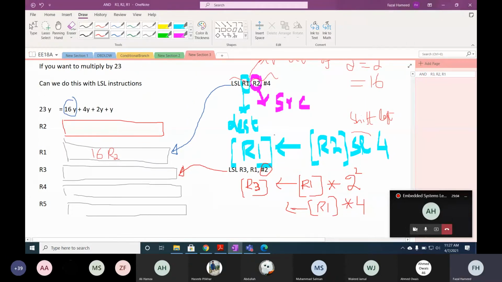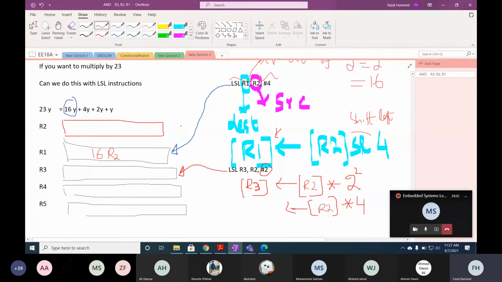So it means that R1 in this particular case, we are doing this with R2. Sorry, I have to change this to R2. Now it is R2.